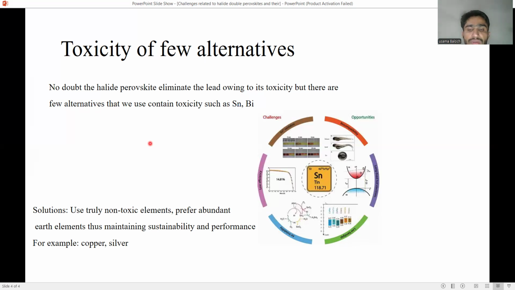We can use truly non-toxic elements instead, like silver, and we should prefer abundant elements. If you are replacing any material, one thing you have to keep in mind is its abundance.